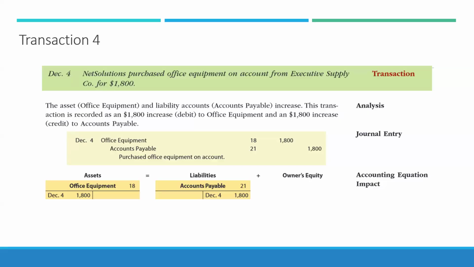So office equipment is debited because it's an asset. Accounts payable is a liability that got credited. You see that? So when we post, we take our asset office equipment and we debit it. And then our liability accounts payable, we credit it. Make sense?